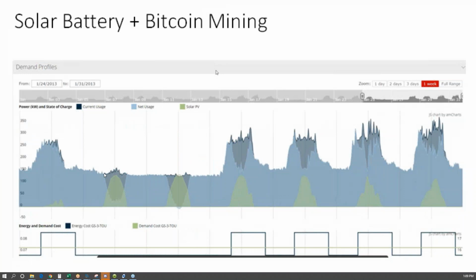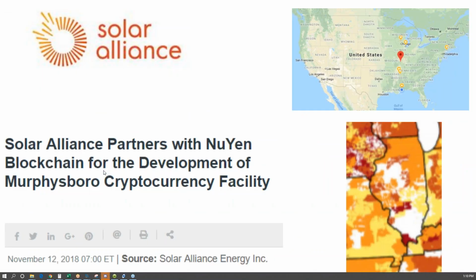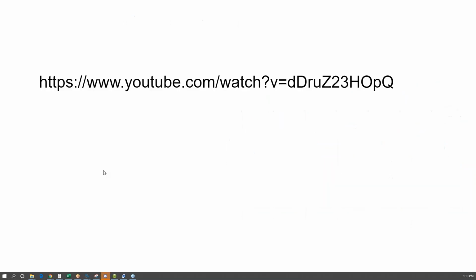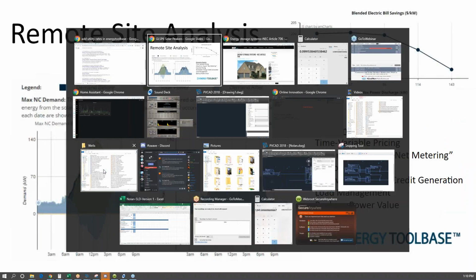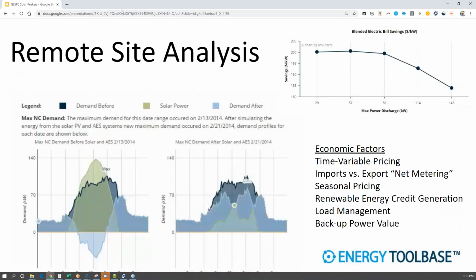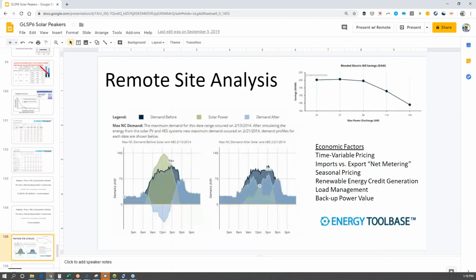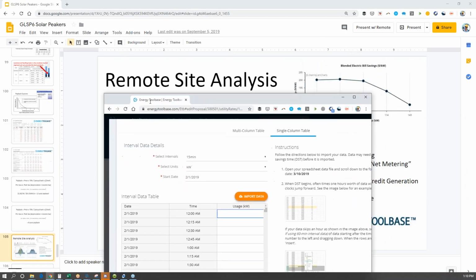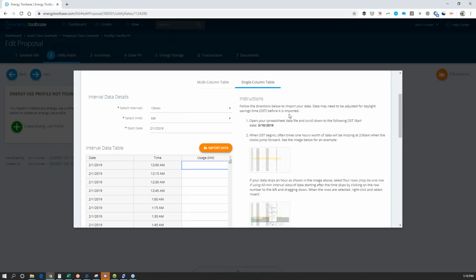Maybe there are some landscape features that you can run and incorporate that only use the electricity during that time. I don't know. So what we're going to do is do an Energy Toolbase model and try and hone in on an optimal design.